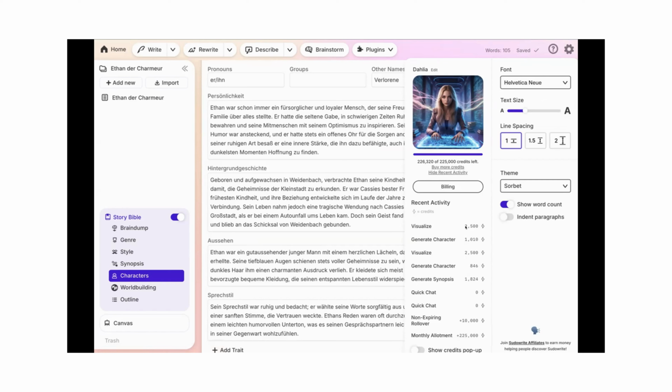Visualize is always like 2,500, and each character is like around 1,000. Nice. The synopsis was more expensive than the characters. Yeah, that's not too bad. It's really fair.